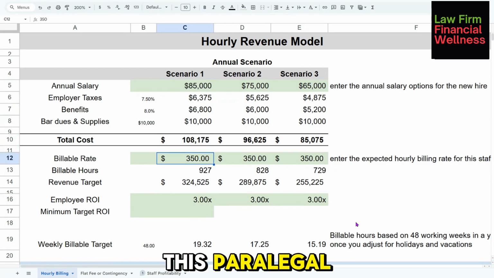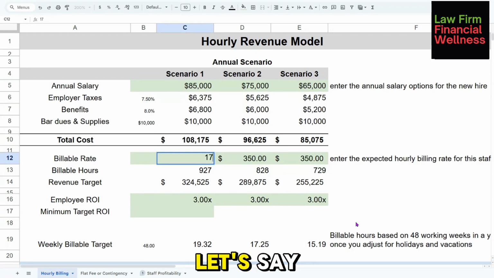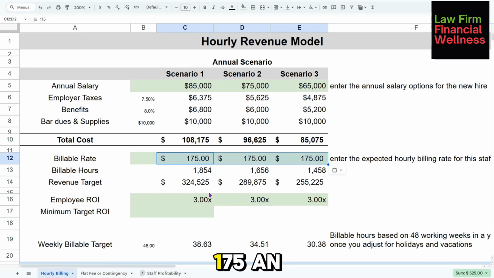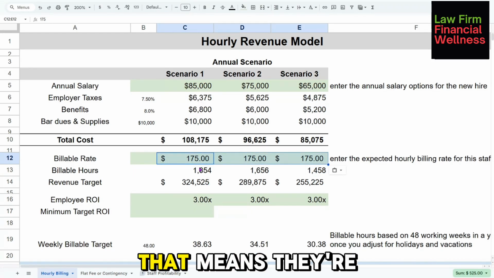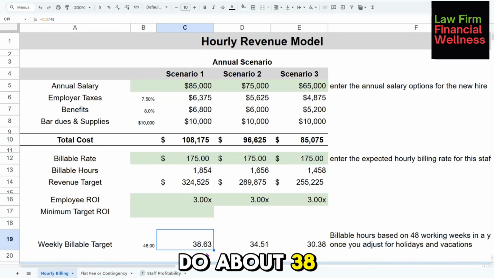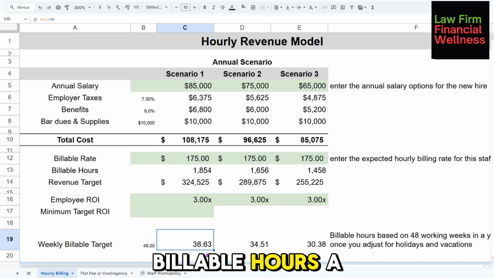And let's say this paralegal's billable rate is going to be something like, let's say, $175 an hour. Well, if you do $175 an hour, now we know that in order for them to be at a 3 times ROI, if we paid them $85,000, they're going to need to do about 38 billable hours a week.